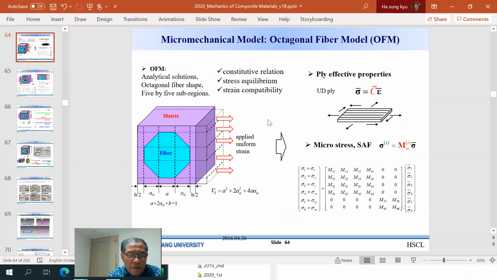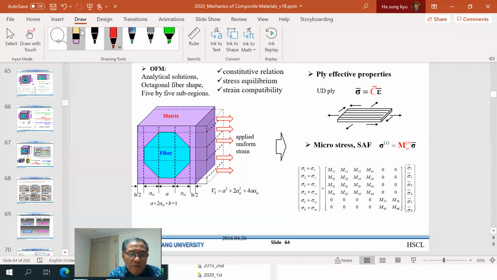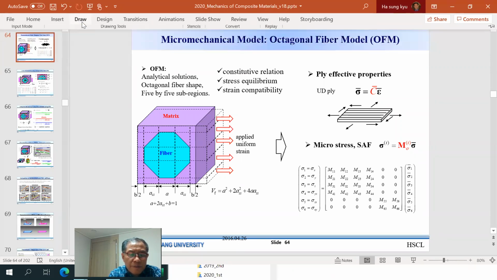What it means is that for the given fiber volume fractions, the model is like that, and the regions are divided like that.